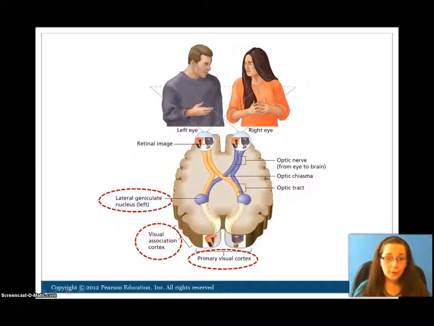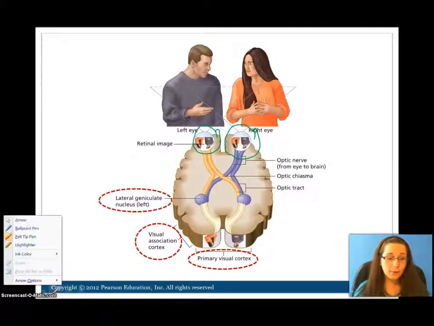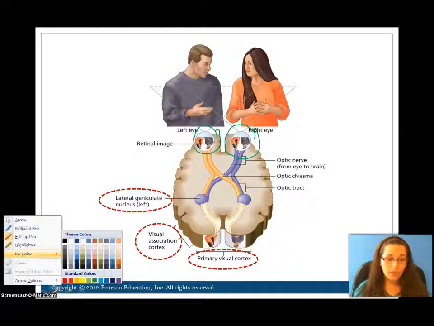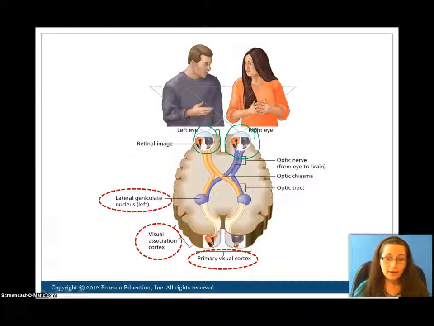So what happens is both our left eye as well as our right eye see everything in front of us. So in this case, both the left eye and the right eye are seeing both the guy and the girl. And when we take a look at this information, we can say, okay, they're both bringing in the guy and the girl. We know that they're also reversing the images, so instead of looking at the people standing up, we're actually looking at them upside down.